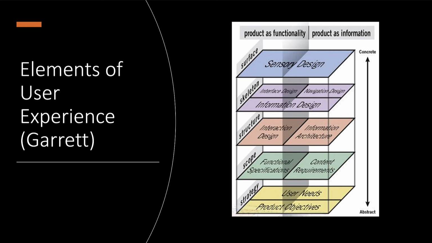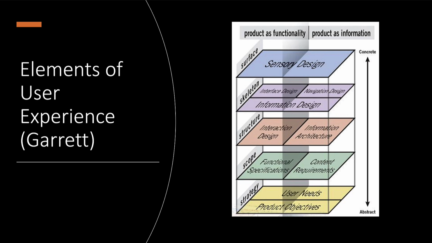If you've taken GDS 70, you'll know that one of the descriptions that I like in conceptualizations of web applications is by Jesse James Garrett and the elements of user experience.